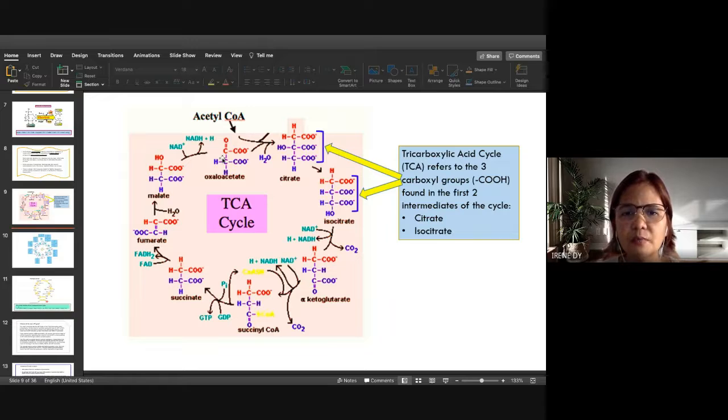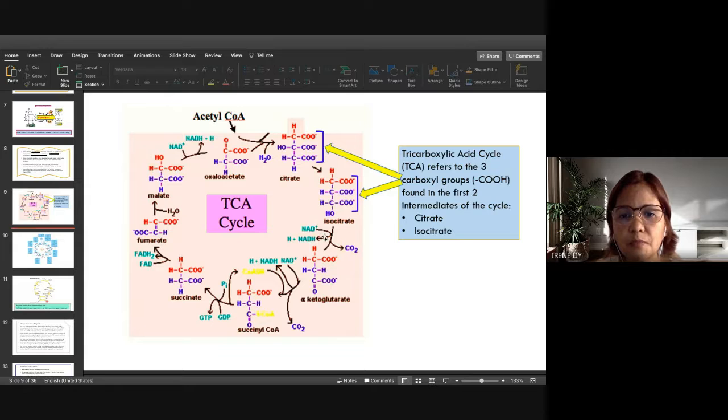Okay. But if we're going to take note only of this process, ang mahalaga dito is how many NADH was produced per cycle, per turn, okay? For example, when you are converting isocitrate to alpha-ketoglutarate, di ba?